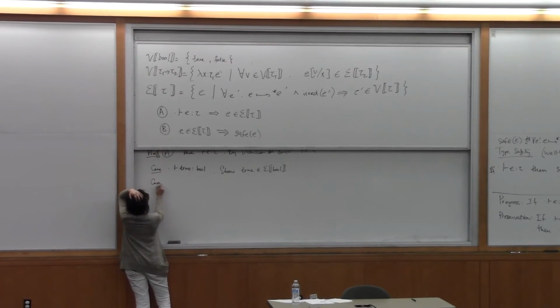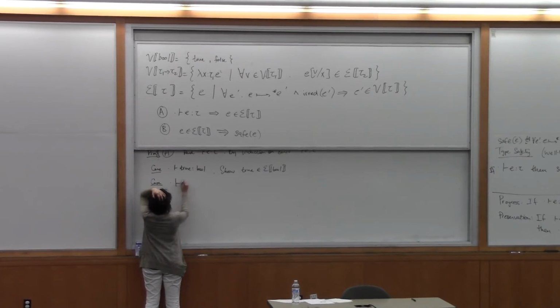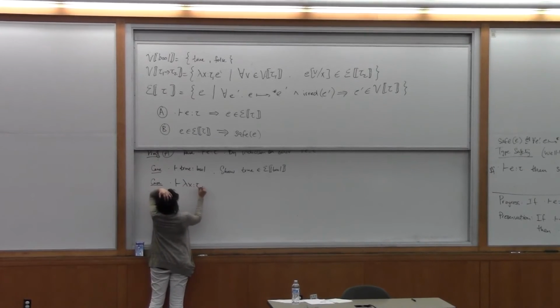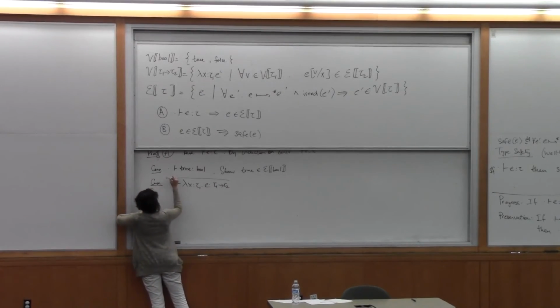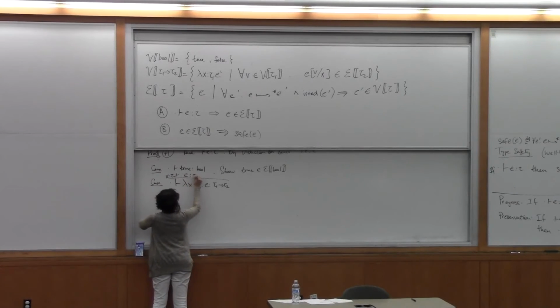Let's just get to the one that's going to be tricky. So suppose that we are doing the lambda case. Then what we have above the line is x colon tau, E has type tau 2.